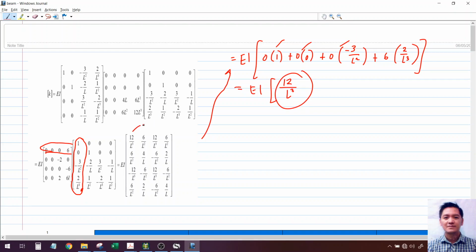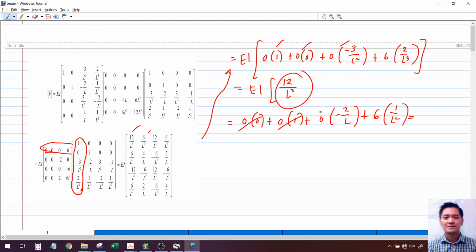So this is, okay, how about ito? How do we get this? 6 over L squared. Multiply this here. So 0 times 0 plus 0 times 1 plus 0 times negative 2 over L plus 6 times 1 over L squared.